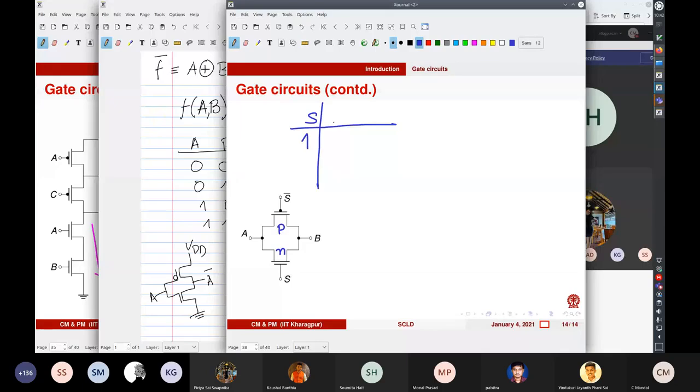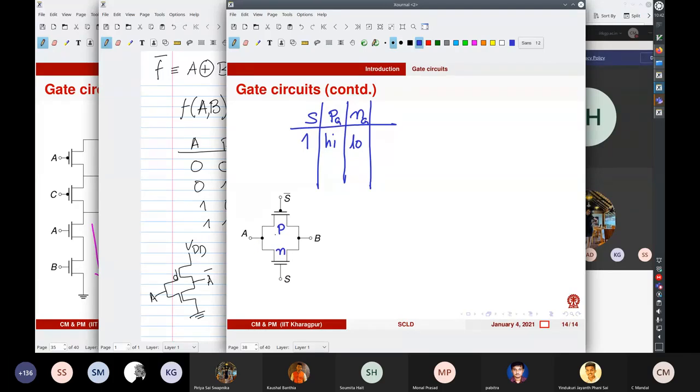So when S is high, let us consider the gate of the CMOS. The gate is high, right? Both are closed, and this is low. Sir, it should be opposite.